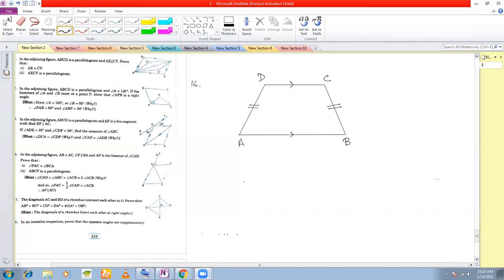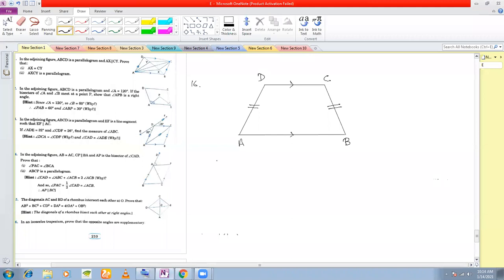Fine, but do you mean that each of the opposite angles is 180 degrees? No. The sum of the opposite angles has to be 180 degrees. They have said prove that the opposite angles are supplementary. That means the sum of the angles has to be 180 degrees. That is what it means. Each angle cannot be 180 degrees.